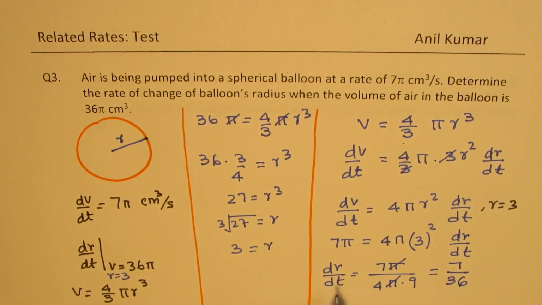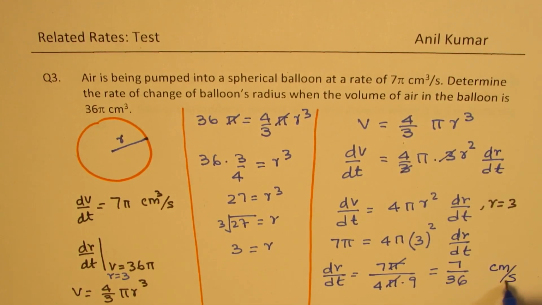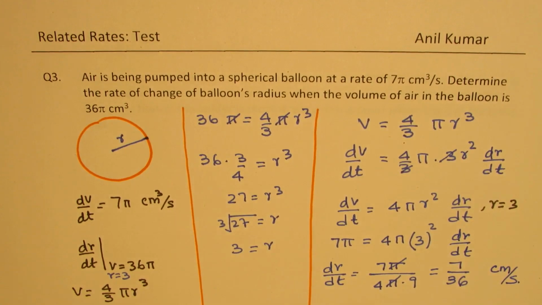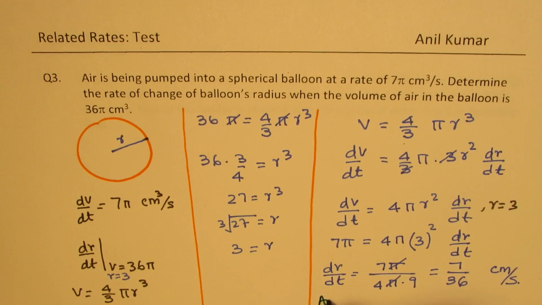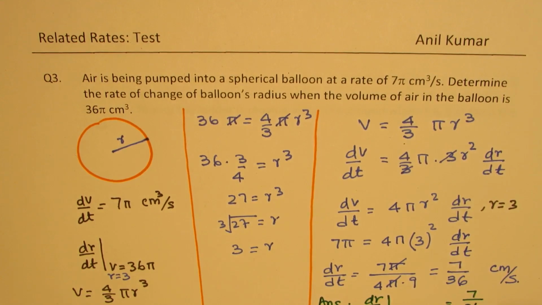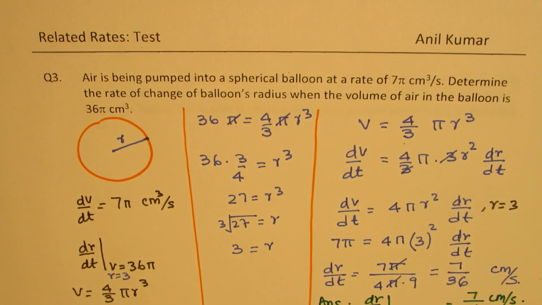So that is the rate, and the units will be centimeter per second. So we can write down now the answer, that the rate of change of balloon radius with time when the volume is 36 pi is equal to 7 over 36 centimeters per second. Clear? So that is how we are going to solve this. Let's move on and take the next question.